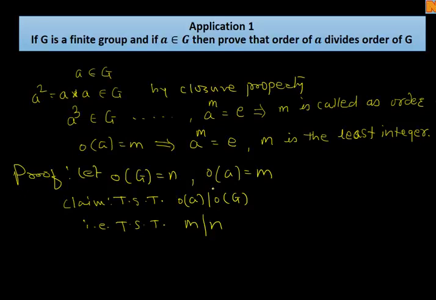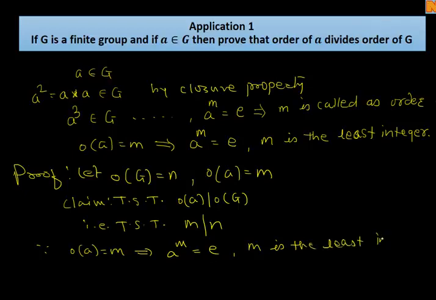Now since the order of A is equal to m, this implies A to the power m is equal to e, the identity, and m is the least positive integer.